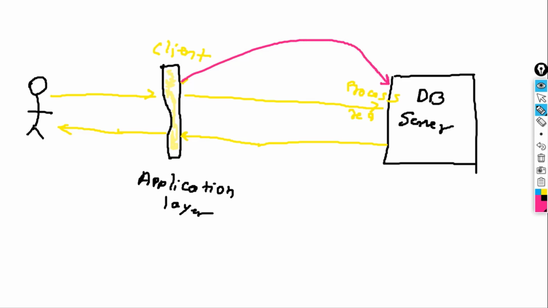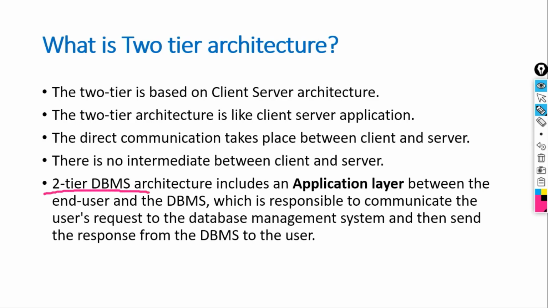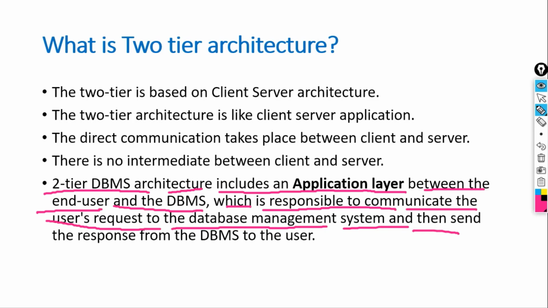So in this way we can say that the two-tier database management system architecture, nothing but two-tier architecture, includes an application layer between the end user and the database management system, which is responsible, which means the application layer that two-tier architecture has put is responsible to communicate the user's request to the database management system and then send the response from the database management system to the end user.